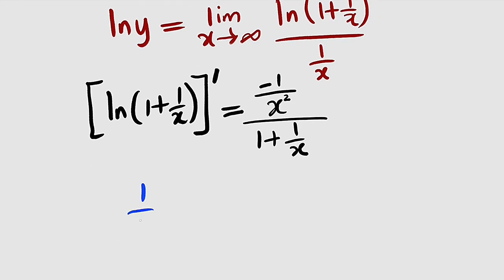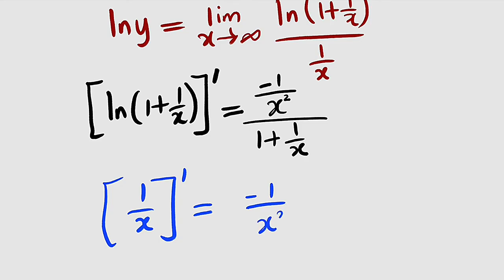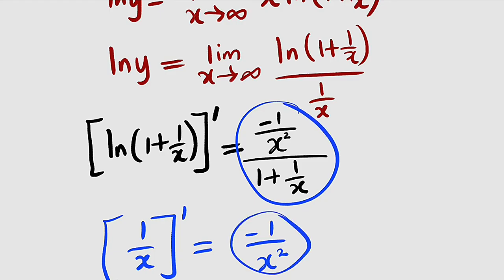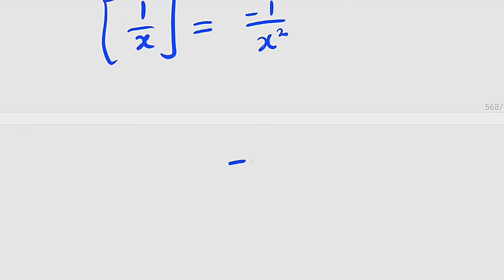So if you have 1/x and you wish to take the derivative, it is the same thing as negative 1 divided by x squared. So it means that we are going to take the whole of this and divide it by this, because that's what we have, right? Negative 1/x squared divided by 1 + 1/x.